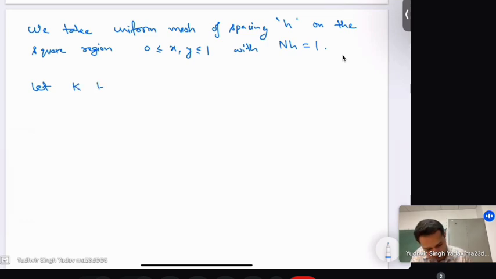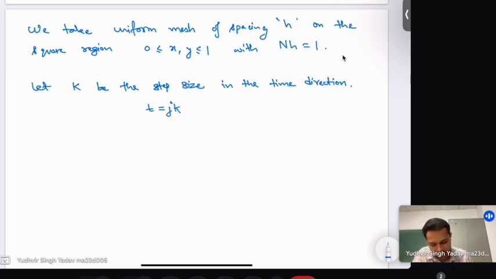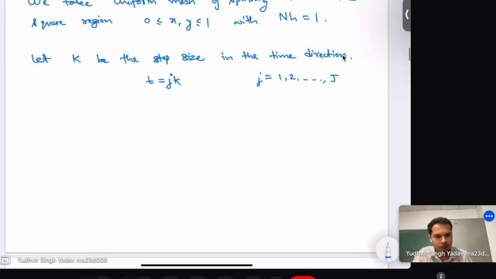Suppose k is the step size in the time direction, so t equals jk as we increase j from 1 up to capital J. So we will take an increment in the time direction.